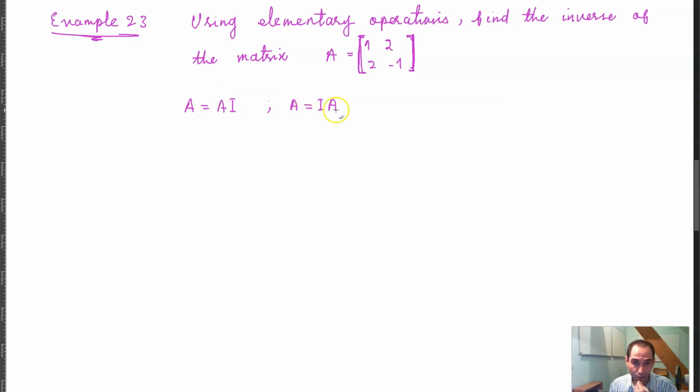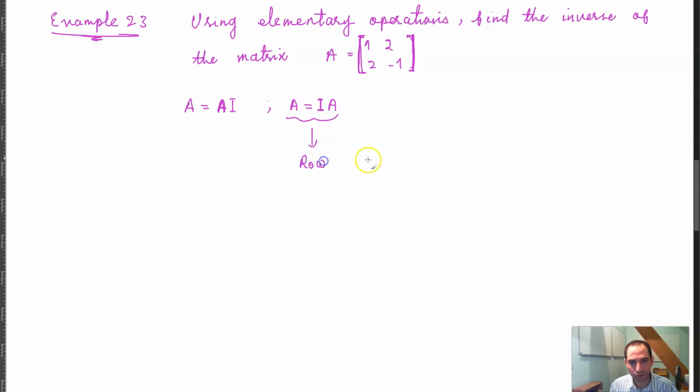Now, depending on what you want to do, of course, you write it this way or this way. If I write my matrix this way, it's possible for me to do row operations on this equation.